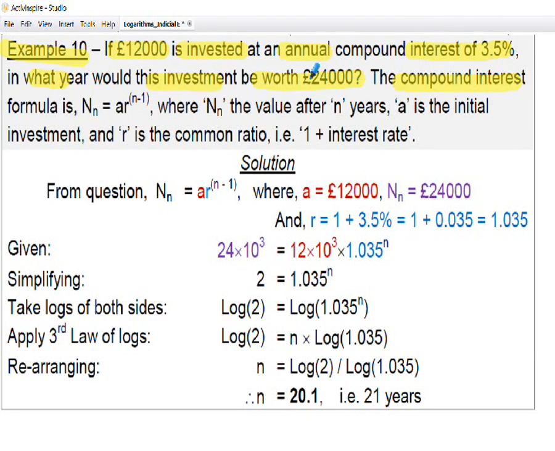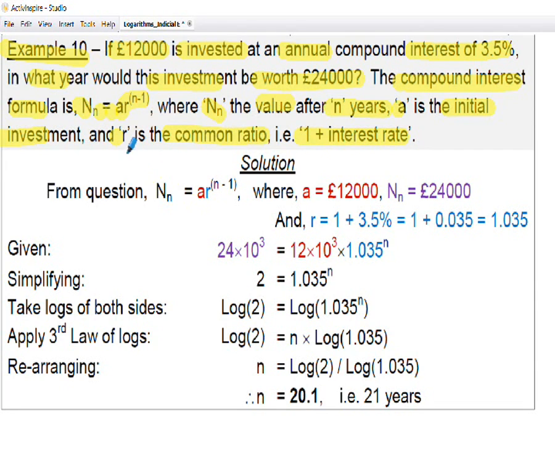The compound interest formula is given to us as U_n is equal to A times r to the power of n minus 1, where U_n is the value after n years of investment. A is the initial investment, and r is called the common ratio, and r is 1 plus the interest rate.